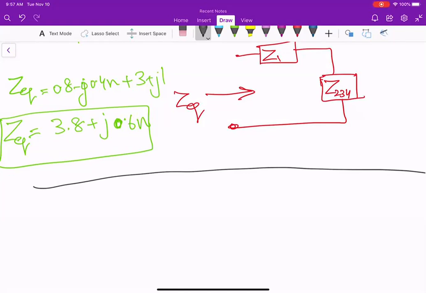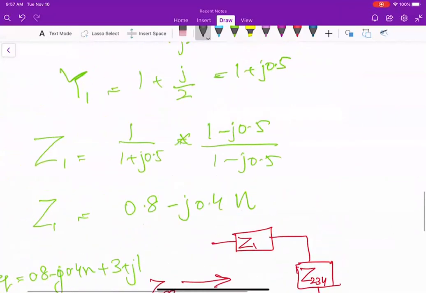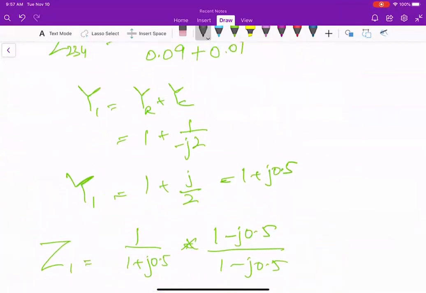Could I ask you a quick question about something in this previous section right here? Yes, go ahead. You were converting negative j, I think right there you put 1 over negative j2 and then you made it j over 2. Could you explain how you did that? Is that a rule, or did I miss that? It's okay. When we were defining the properties of j, we said that minus j is 1 over j, right?